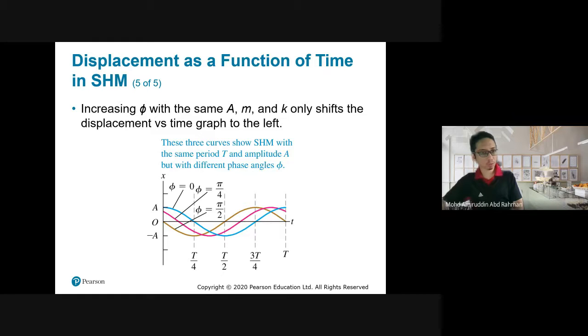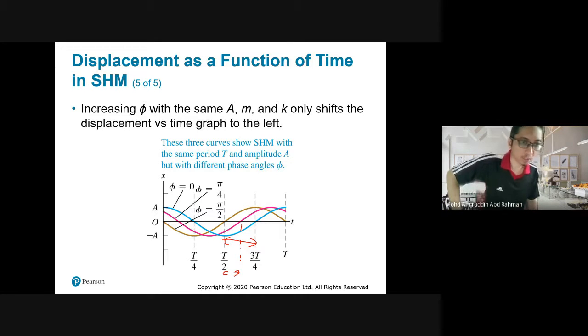For the blue one compared to the gold one, we have the phi from there, and for the pink one, the phi is at the middle of that. So that's phi. Phi equals pi over 4, a quarter of pi, and then another one is pi over 2, half of pi.